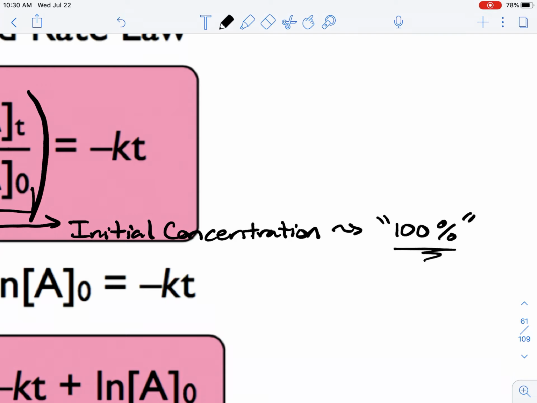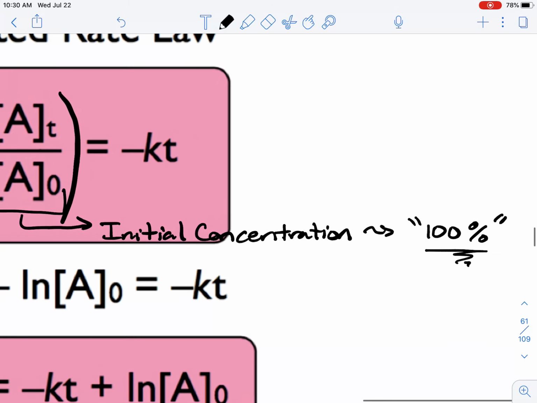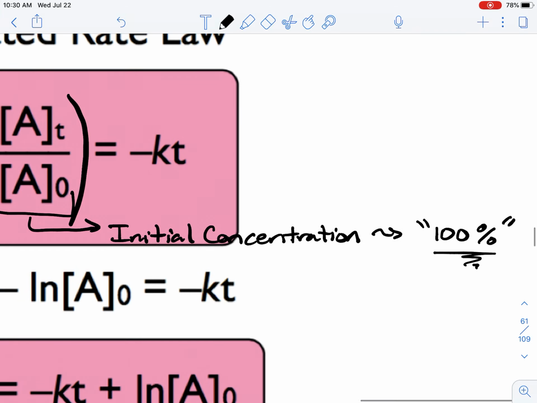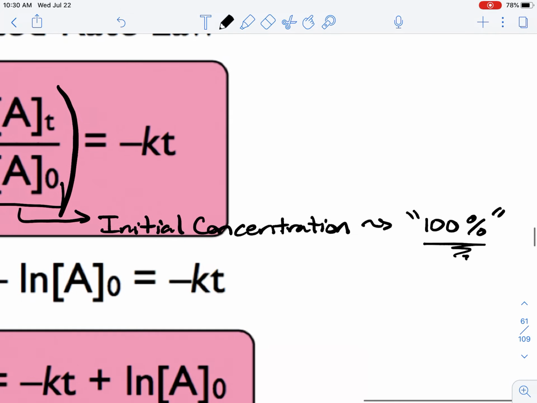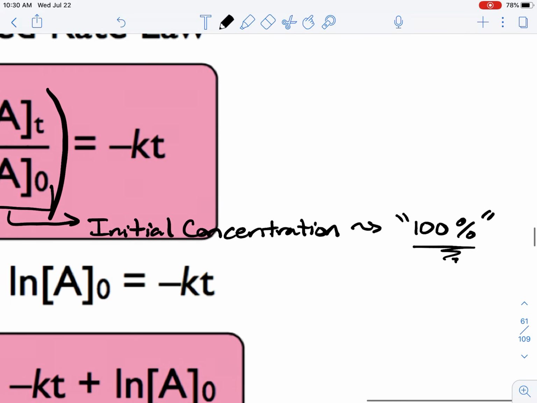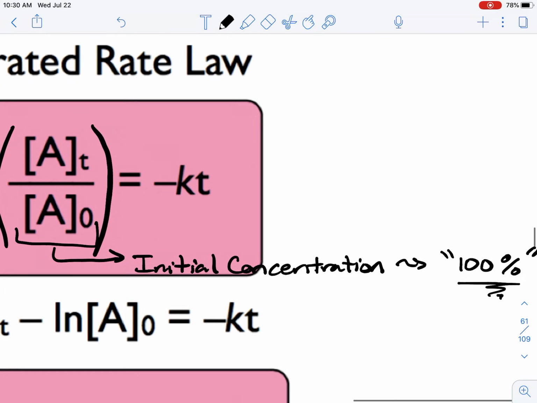So sometimes you guys can use this value if the question is asking you to express your answer in terms of percent. But if it's asking for a specific concentration, then you guys cannot use 100%, and you might have to actually calculate what that concentration is.